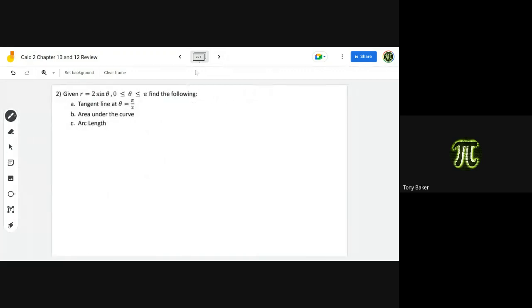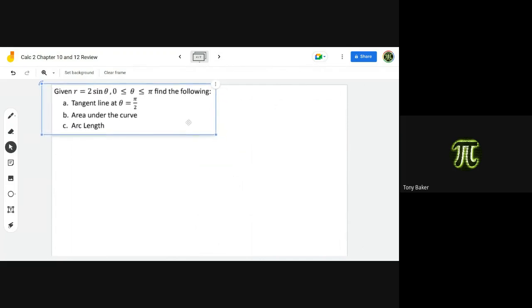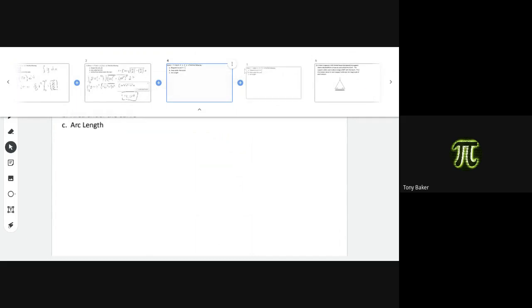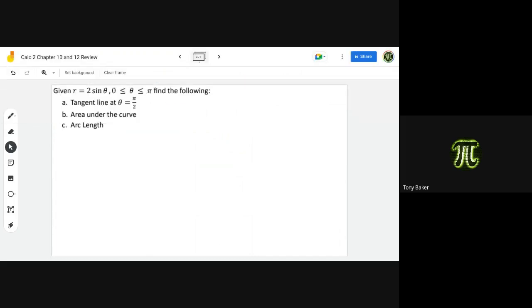All right. Polar. All right, so in this case, let me just do it this way so I don't have to copy it. We're looking for the tangent for this one when theta is pi over 2.